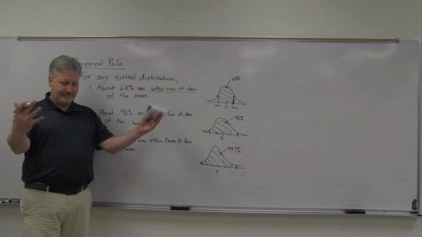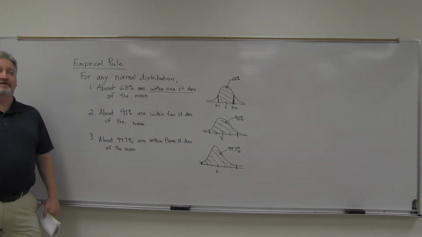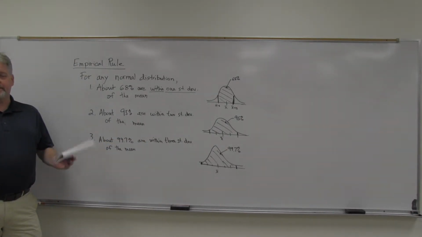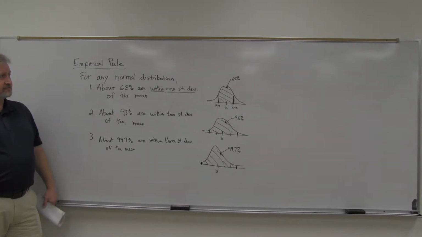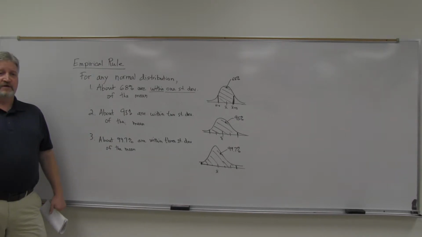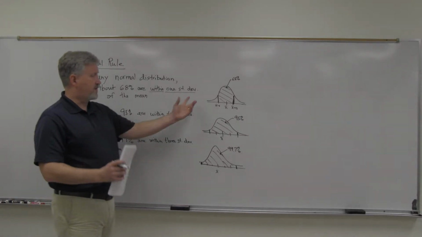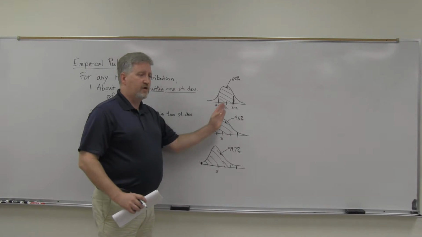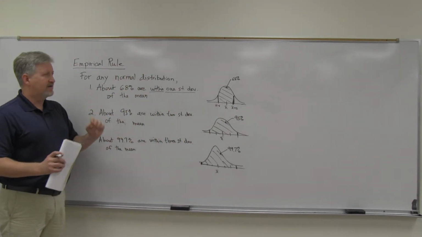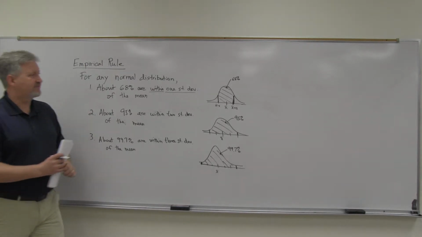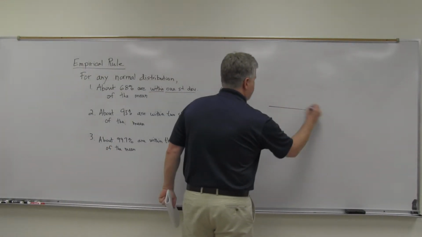Now, not only that, but here's another thing to note. Because of symmetry, a lot of times we're not wanting to go both directions, 1 below to 1 above. A lot of times, we may need to look at this. How many would you say?